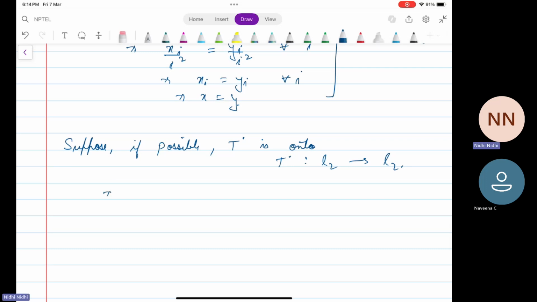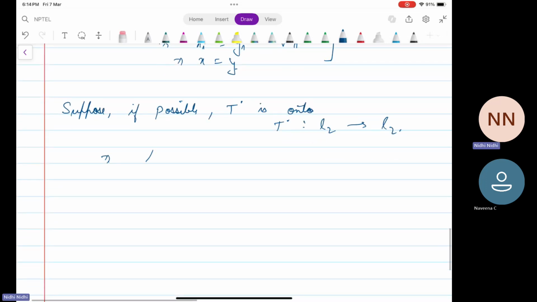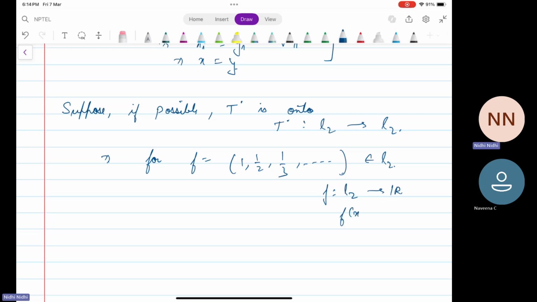So for f equal to (1, 1/2, 1/3, and so on), clearly this belongs to l2 and this defines a map f from l2 to R. f of x is the summation k from 1 to infinity of xk by k.